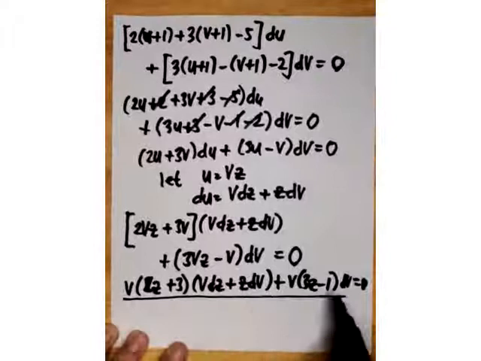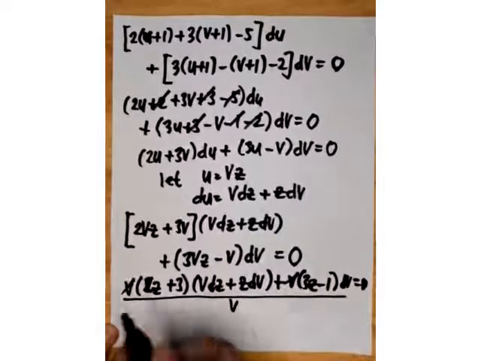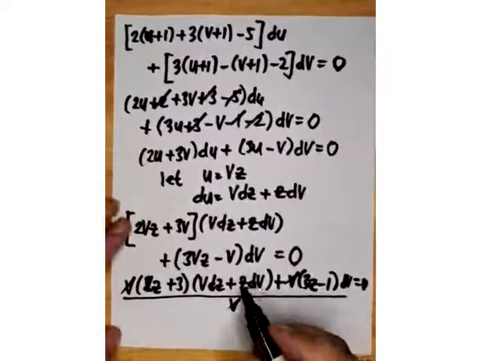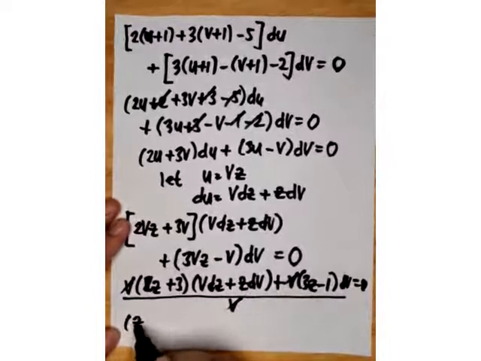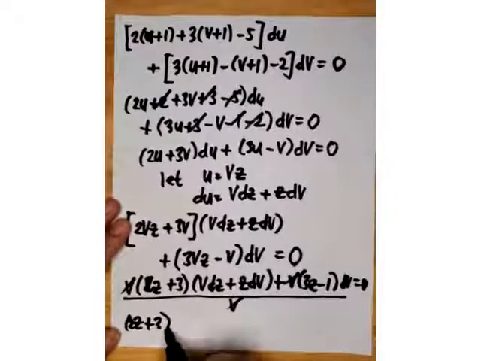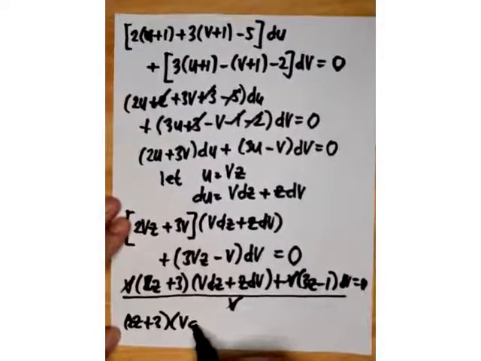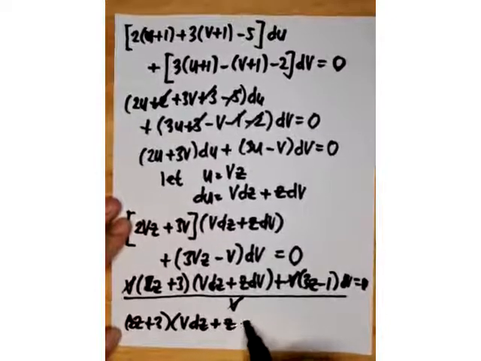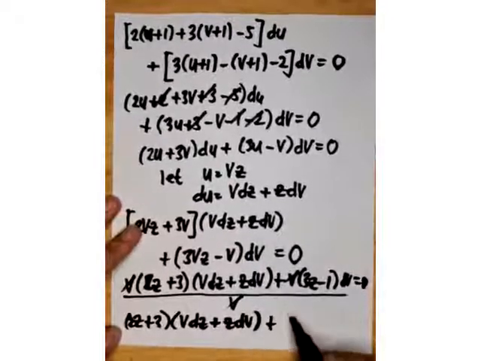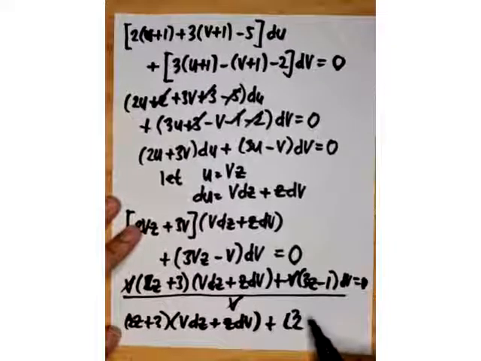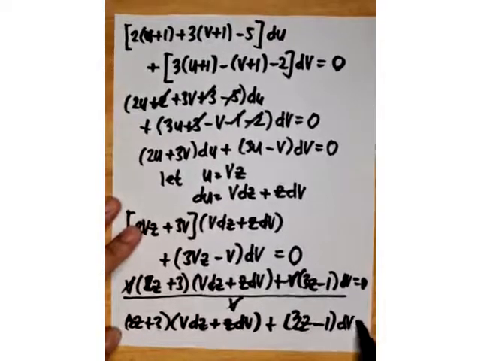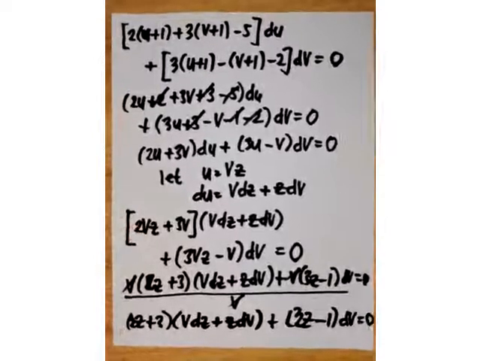And then let's divide this by v to eliminate that. So we'll have 2z plus 3 times v dz plus z dv plus 3z minus 1 dv is equal to 0.